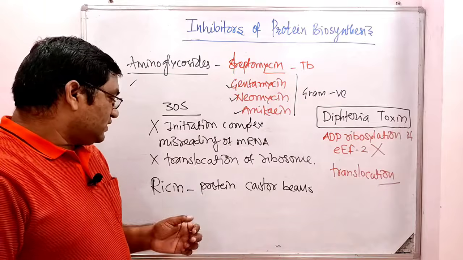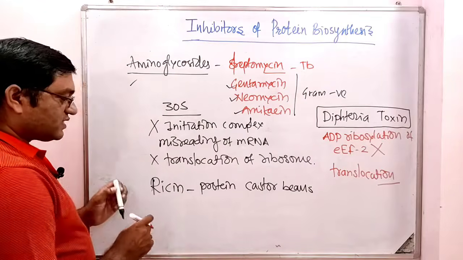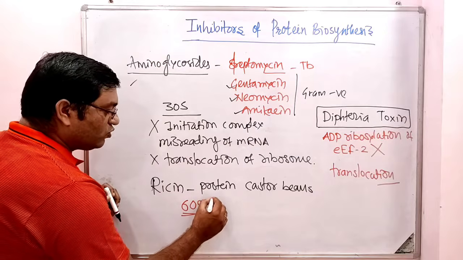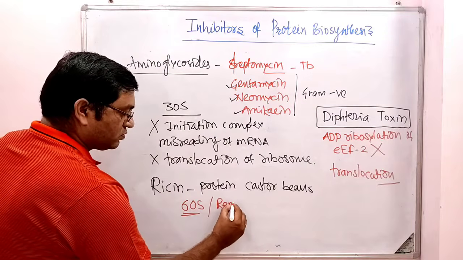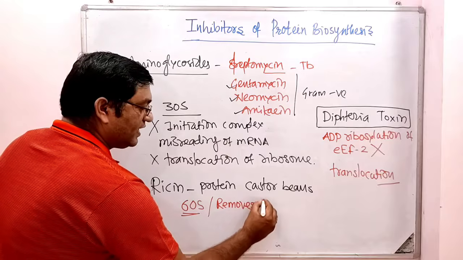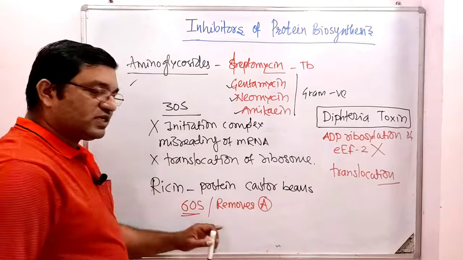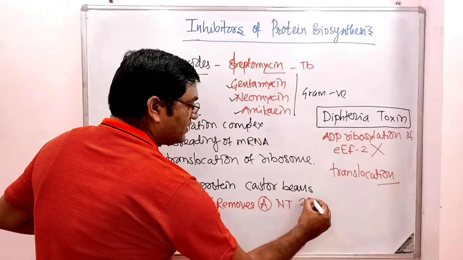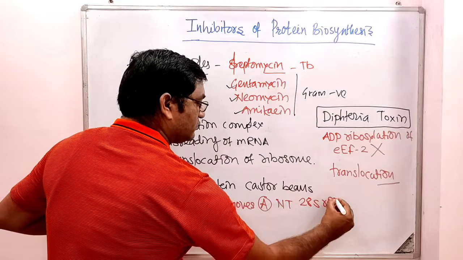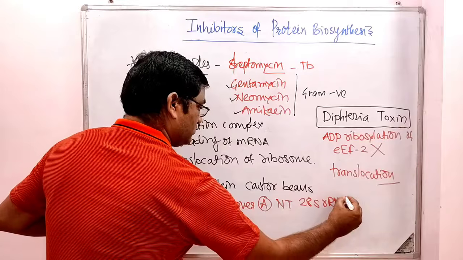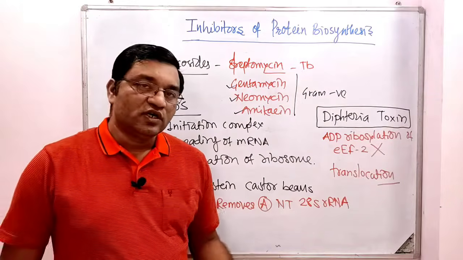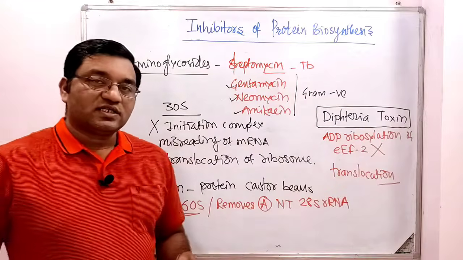So ricin binds with the 60S ribosomal unit and removes an adenine nucleotide from 28S rRNA. It binds with the 60S ribosomal unit and blocks the translation process.